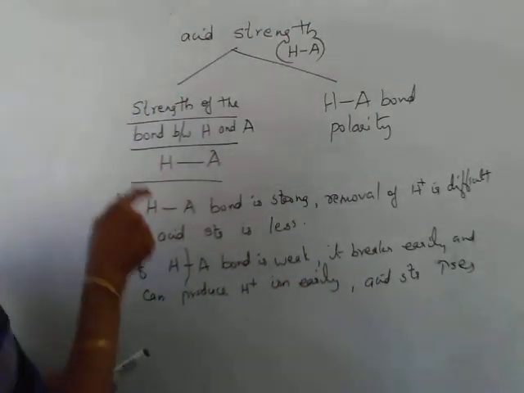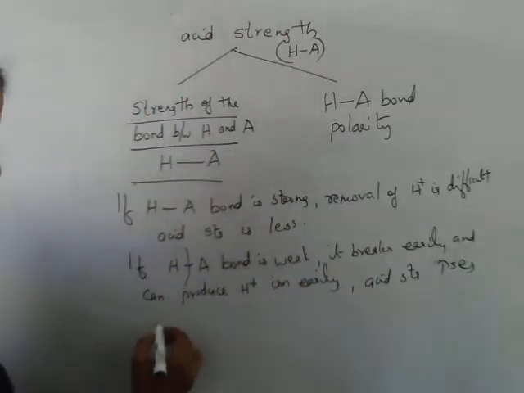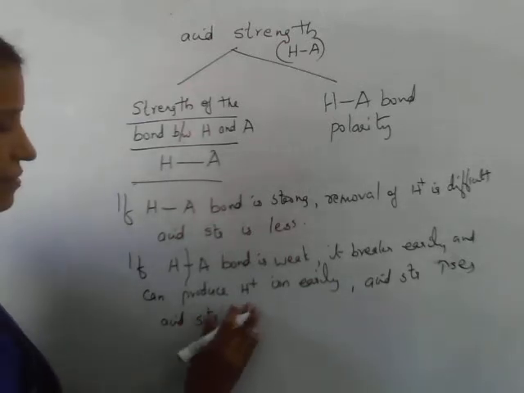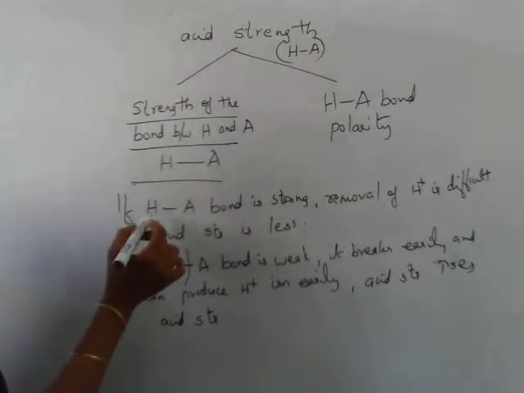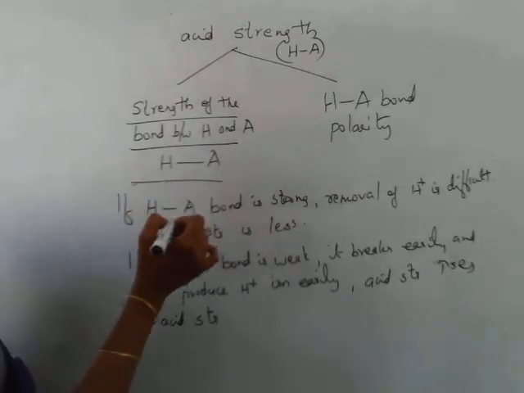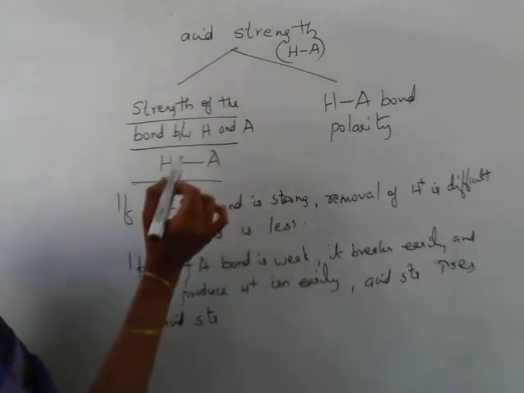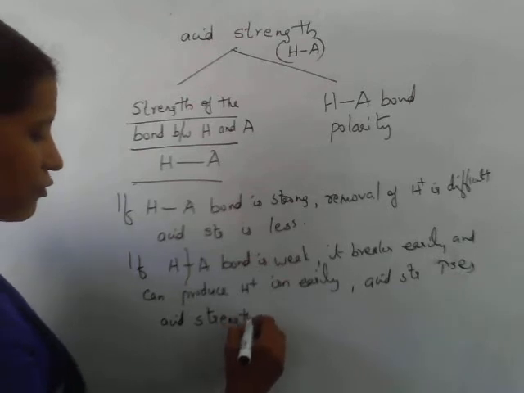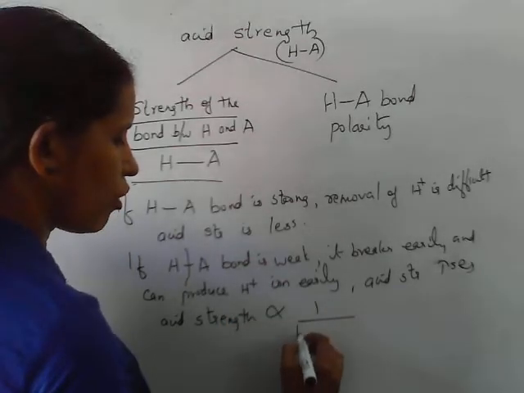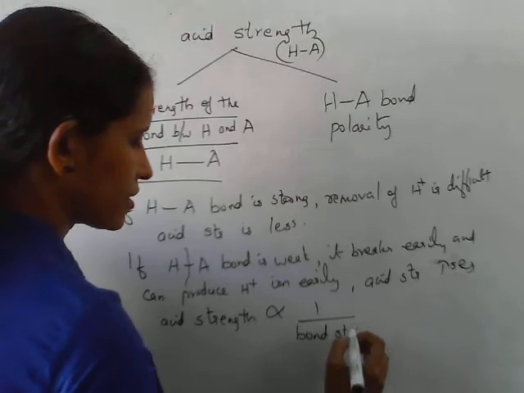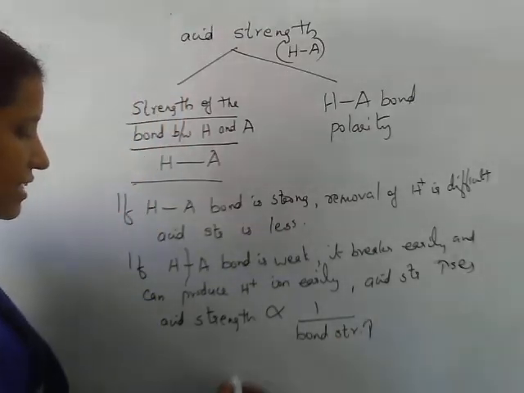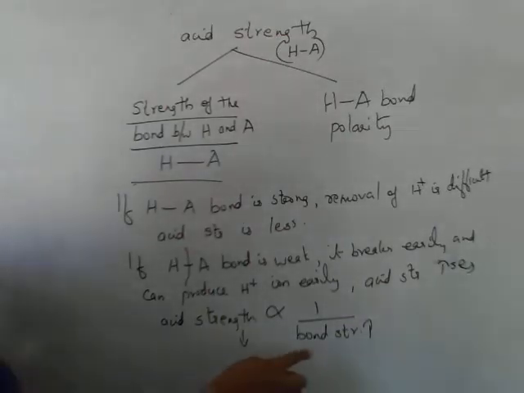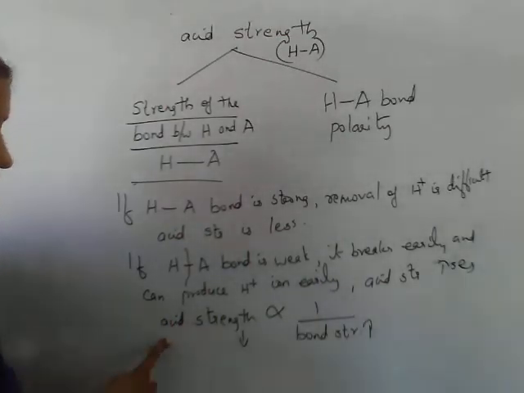So how are acid strength and bond strength related? Acid strength varies inversely with the bond strength. When bond strength increases, acid strength decreases. If bond strength decreases, acid strength increases.